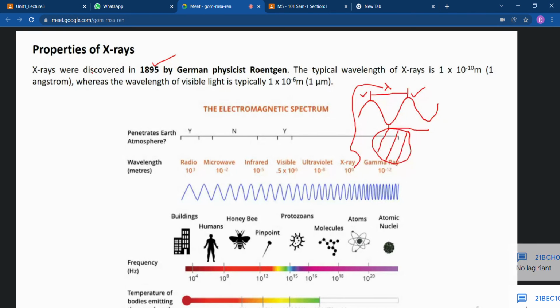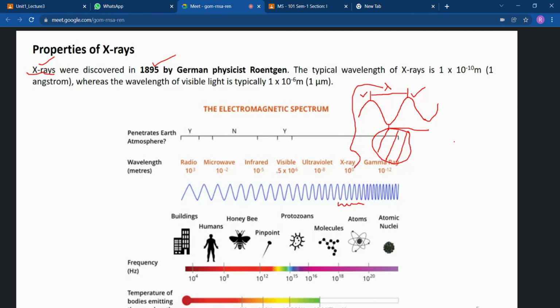We are all aware of X-rays, that if there's any fracture in a bone, then we generally perform this X-ray analysis. These X-rays have very high frequencies. You can see from the spectrum that these waves are placed very close to each other, and when they are placed very close to each other, it means they have very high frequency.